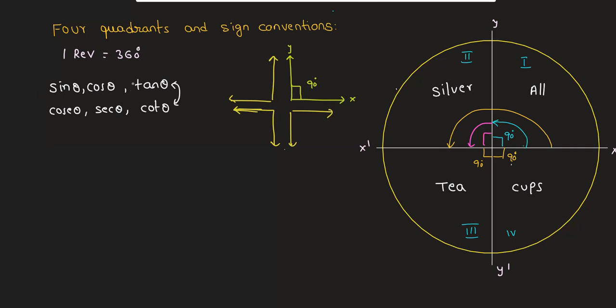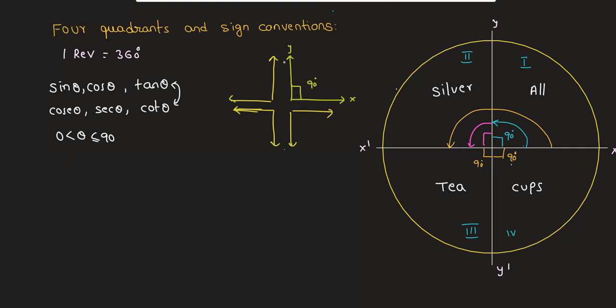Whatever these six values are, all can be positive if theta is between 0 and 90. So all these values are going to be positive in the first quadrant. That's why we say all.